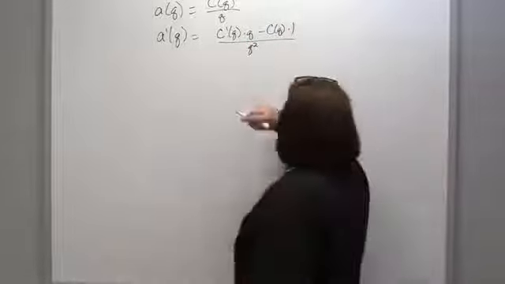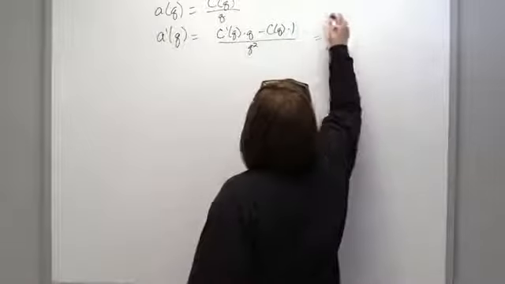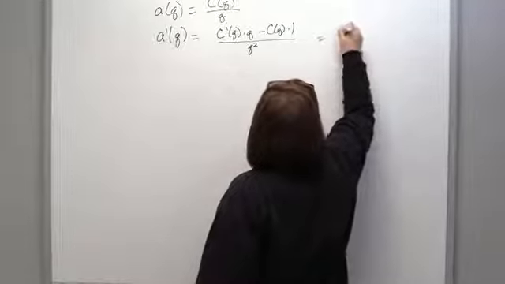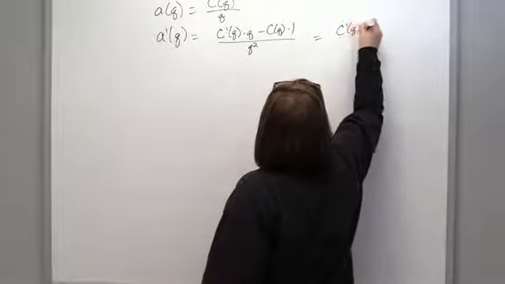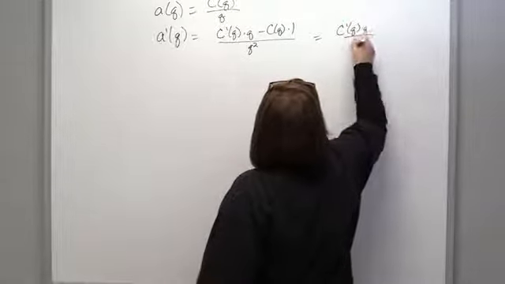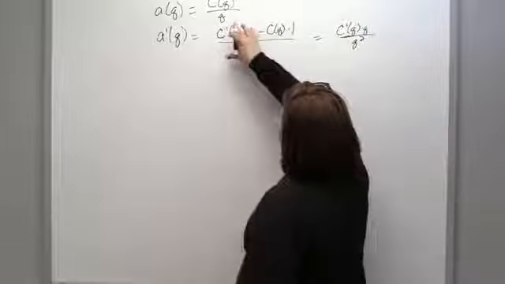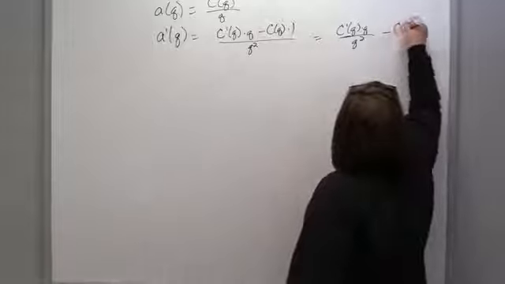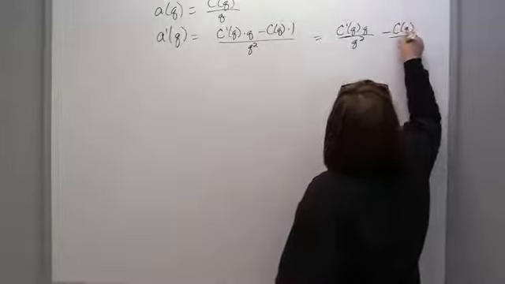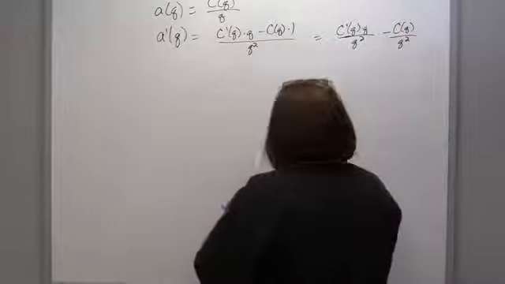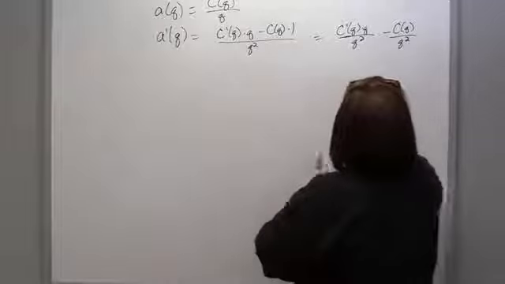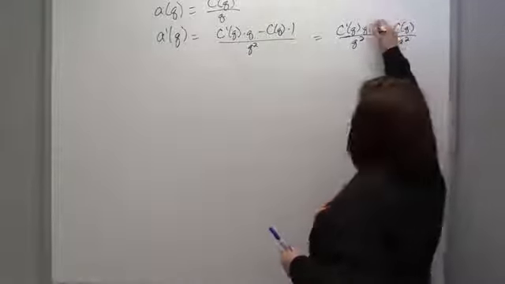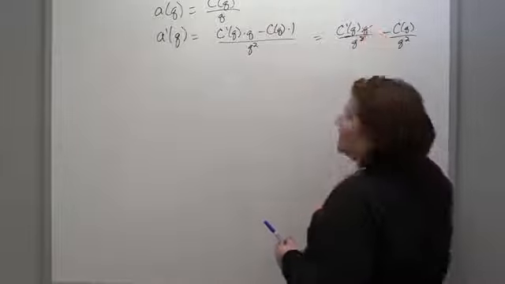Now I'm going to rewrite this a little bit, as C prime of Q times Q over Q squared. What I'm doing is separating it into two fractions, minus C of Q over Q squared. In this case, for this term, the Q on top cancels with one of the Q's on the bottom.